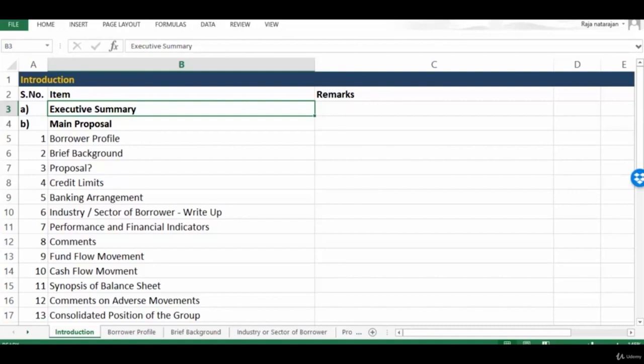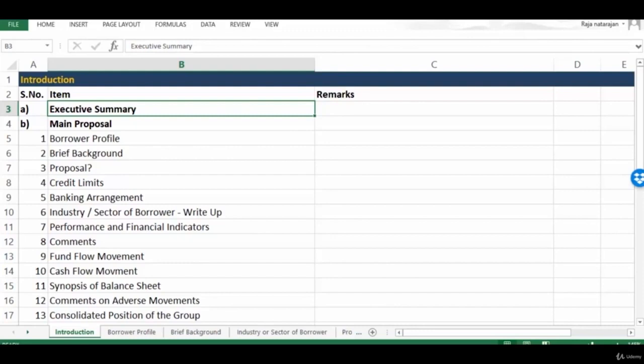So this executive summary, for some 1 or 2 pages, will give an overall view as to who is the customer, what is the credit facility they are asking for, what is the core activity of the customer, how their financials are, at what pricing they are asking for these credit facilities, and what are the justifications.